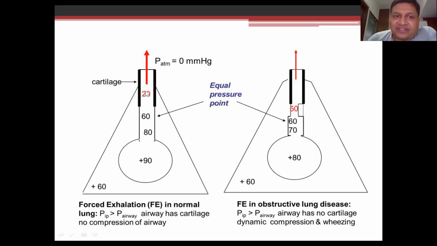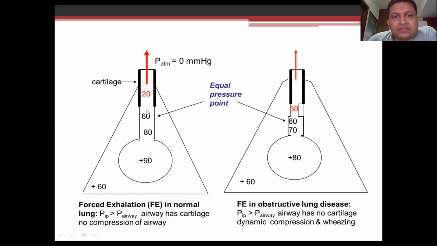After that, the pressure will decrease, because in expiration the alveolar pressure is high and the oral pressure is low. Only then will your flow of air happen. So from 90, 80, 60, 50, 30, 20, and 0, there is a pressure gradient.